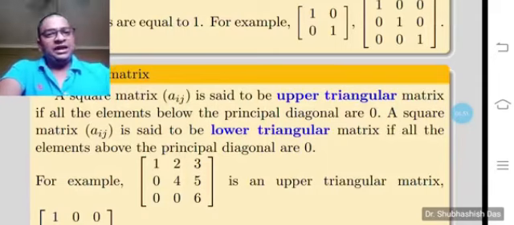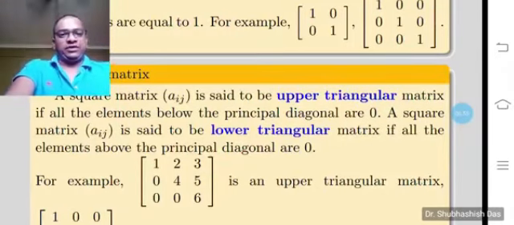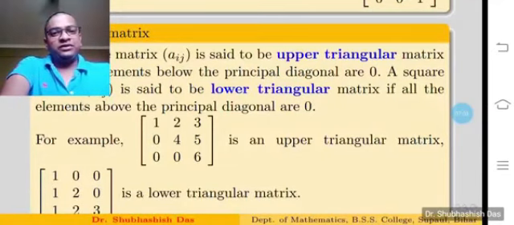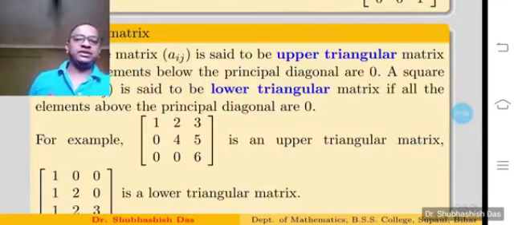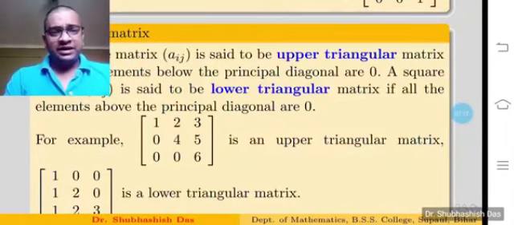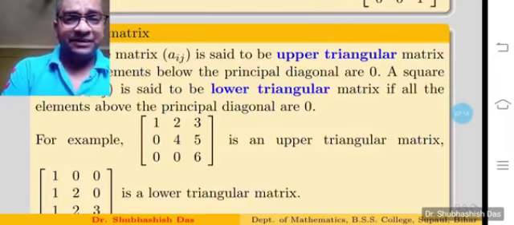If all the elements above the principal diagonal are 0, then we call it a lower triangular matrix. For example, 1 0 0 1 2 0 1 2 3 is a lower triangular matrix. In this case, the elements above the principal diagonal are all 0.